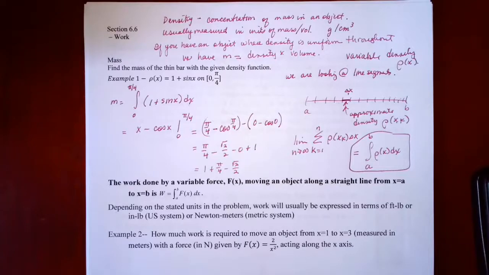So, if you've ever pushed a car or something like that, you notice once you've gotten it moving, depending on whether you're moving uphill, downhill, or there is a speed bump in the way, most of the time the force is not going to be constant throughout. So we're going to be looking at work done by variable forces to move an object from point A to point B.